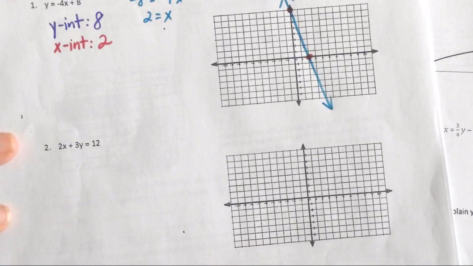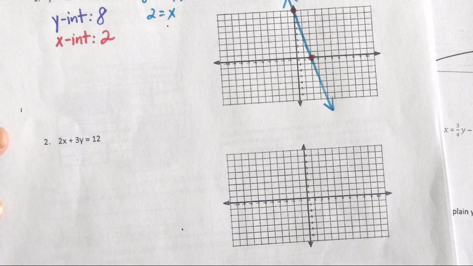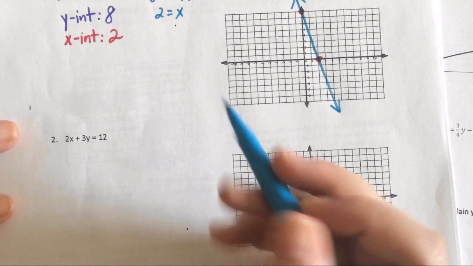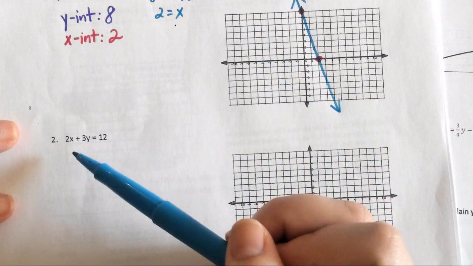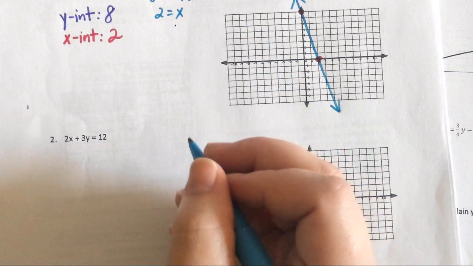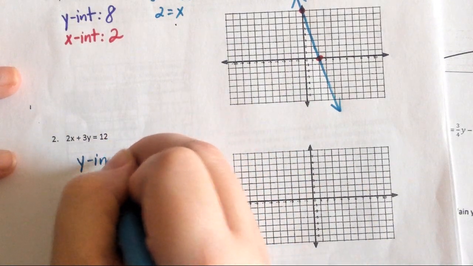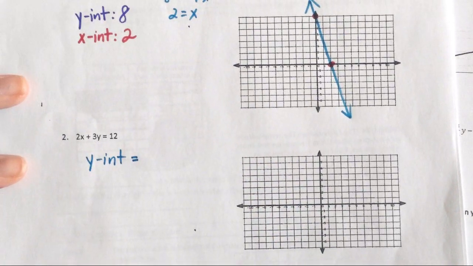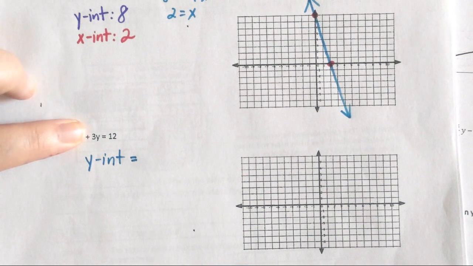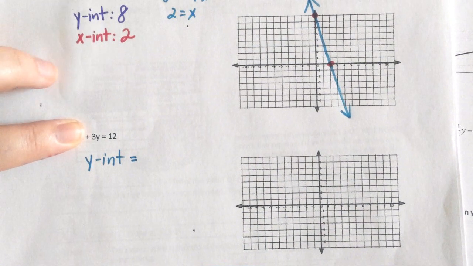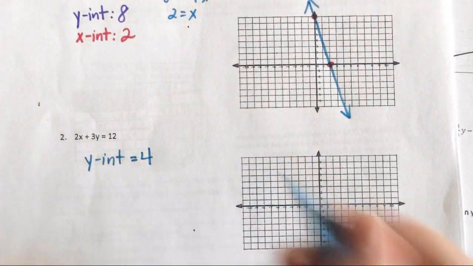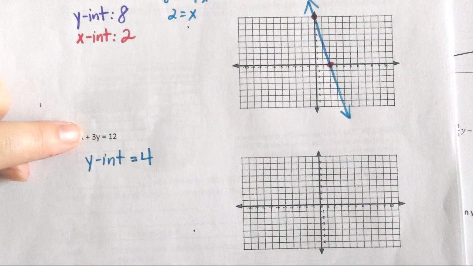We're going to use this same logic on number 2. So I need you to plug in a 0 for x and tell me what the y-intercept is. What is the y-intercept? 3. When you plug in a 0 for x, what is the y-intercept? 4. Again, it's really easy when it's in standard form because you just cover up the piece you don't need.